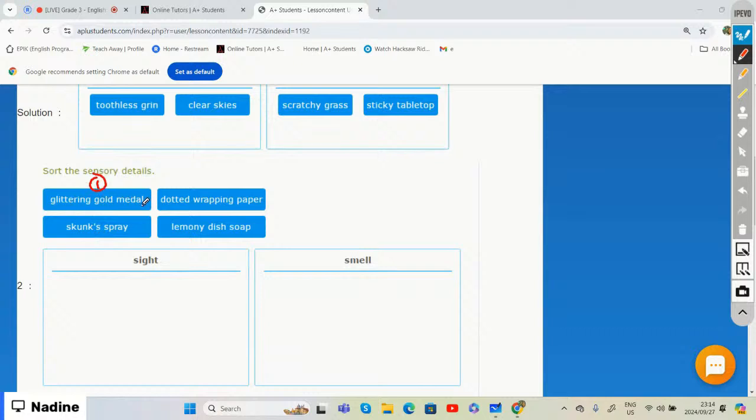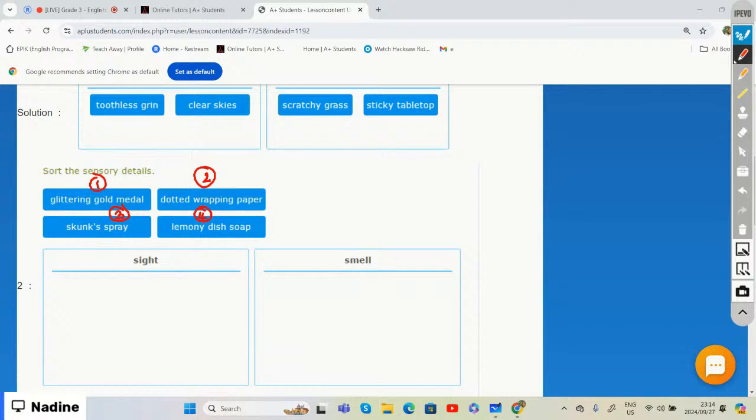Number one, glittering gold medal. Number two, dotted wrapping paper. Number three, skunk's spray. And number four, lemony dish soap.